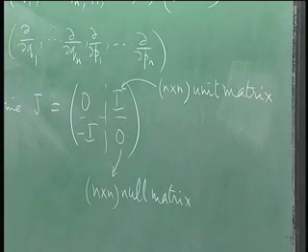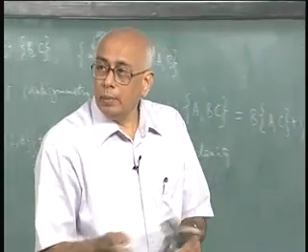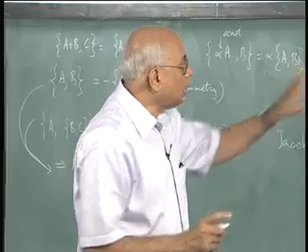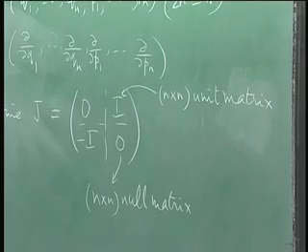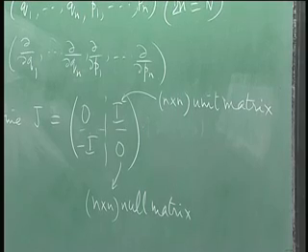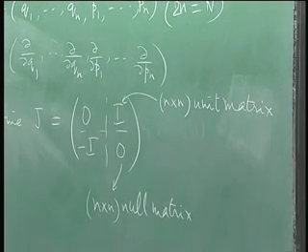Let me define a big matrix, capital J, to be a 2n by 2n matrix in 4 blocks. The top left hand corner block is just the null matrix, so is the bottom right hand corner block, and then the identity matrix in the upper off diagonal position, and minus the identity in the lower left.